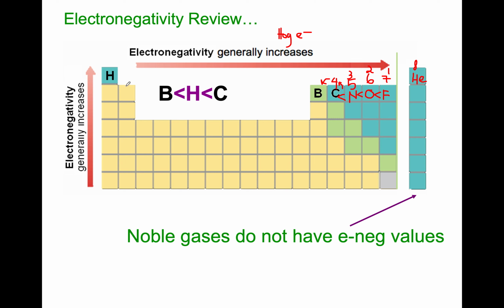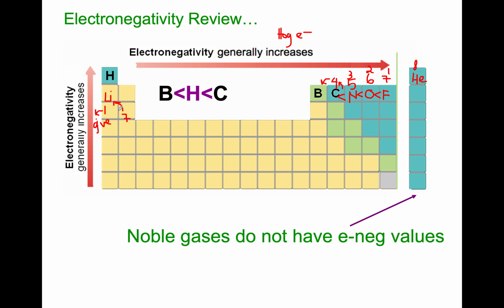Does that make sense? Okay, and if we look over here at lithium, for example, lithium either needs to give away 1, or it needs to take in, how many? 7, right, in order to complete its octet rule. So obviously it's going to want to give away 1 electron.